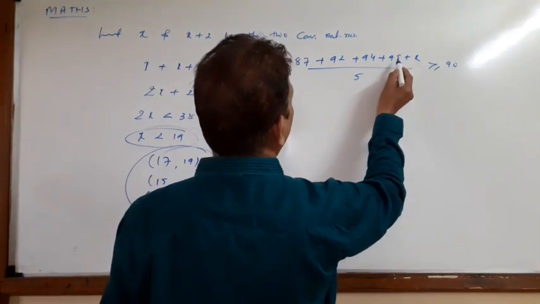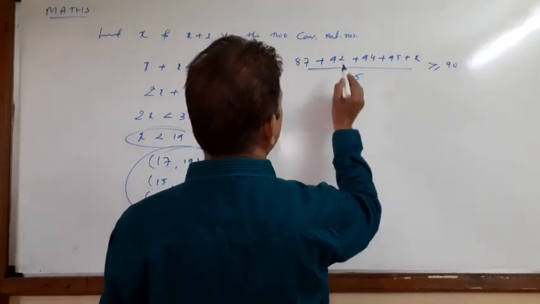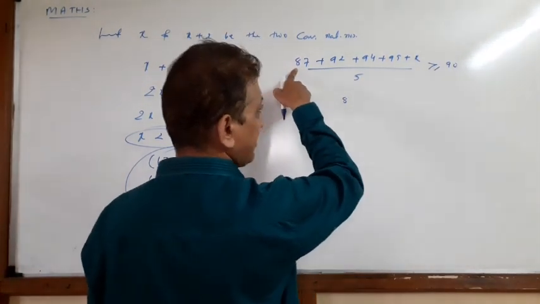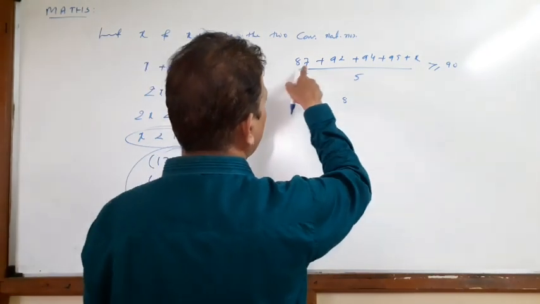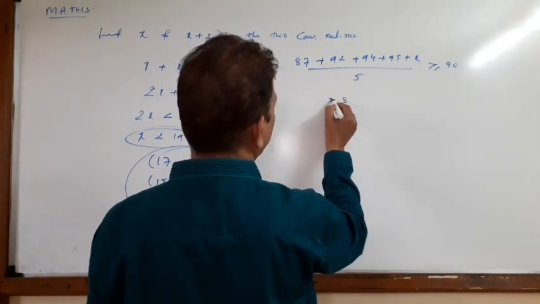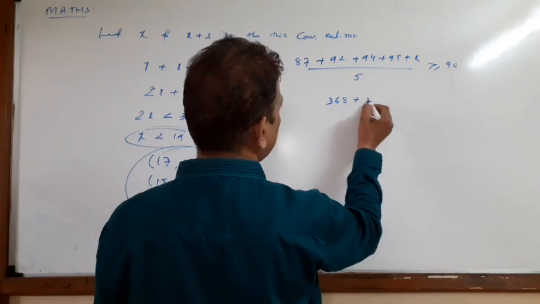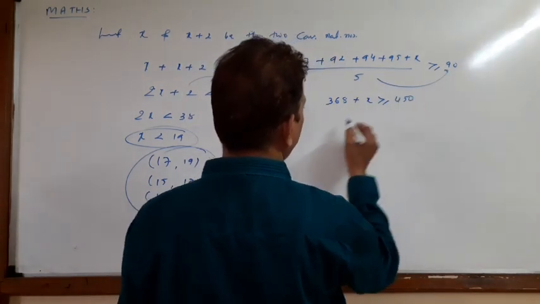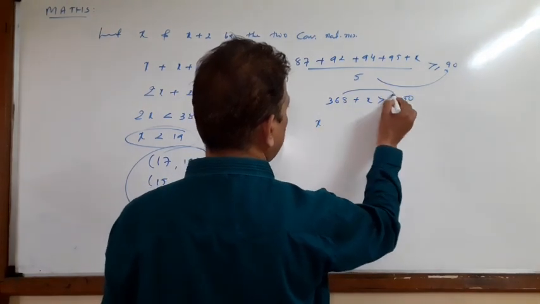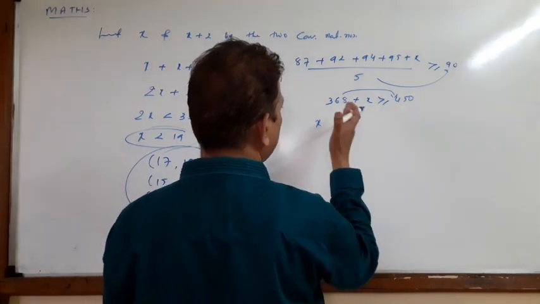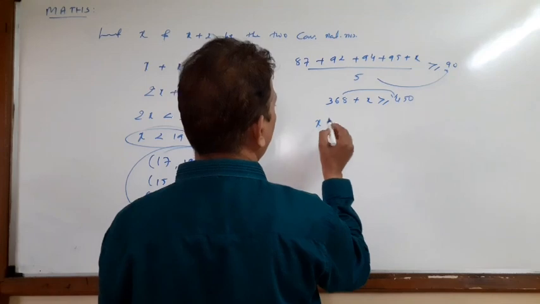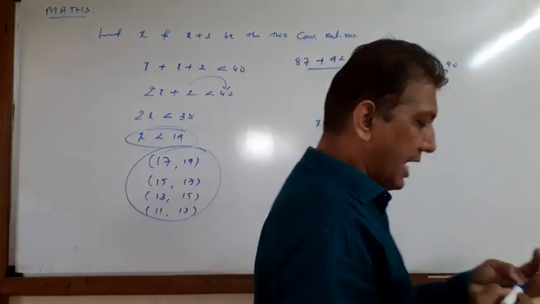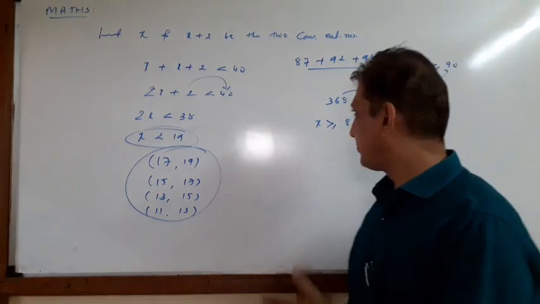So adding the marks, we get 368, plus x, divided by 5, is greater than or equal to 90. So 368 plus x is greater than or equal to 450. Subtracting, x is greater than or equal to 82. So the student must get a minimum of 82 marks.